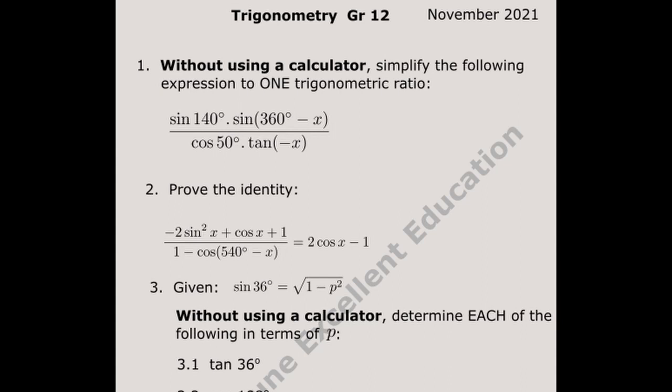Question number 2. Prove the following identity: negative 2 sine squared x plus cos x plus 1, over 1 minus cos (540 minus x), equals 2 cos x minus 1.